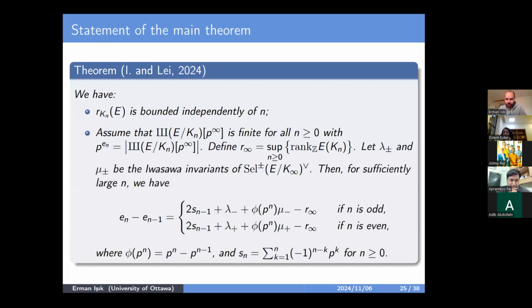See this term, 2 times s_{n-1}. This is always there, even if lambda plus-minus and mu plus-minus are all 0. Even then, the Tate-Shafarevich group always grows. But the interesting thing is what can happen if you take the signed Tate-Shafarevich group, not the classical one. Then these powers can vanish. I don't know what will happen, but well, me neither.